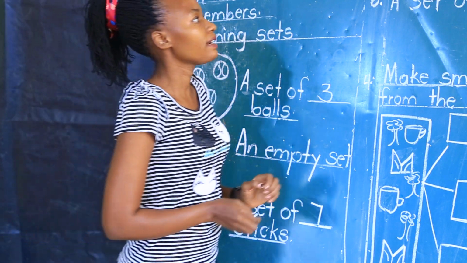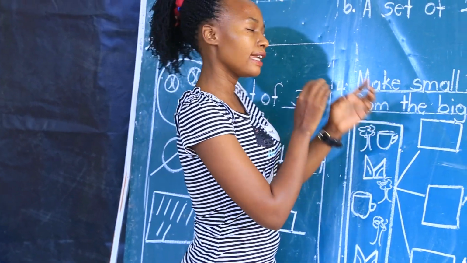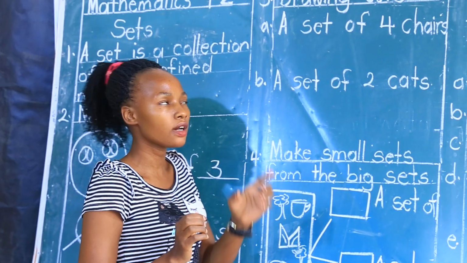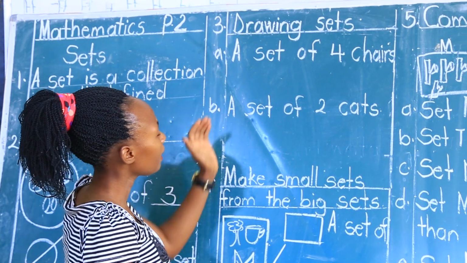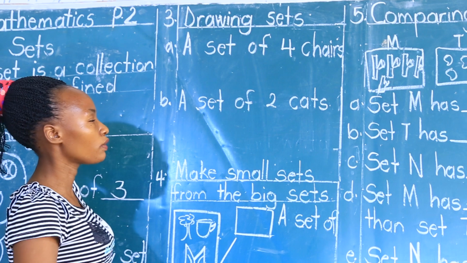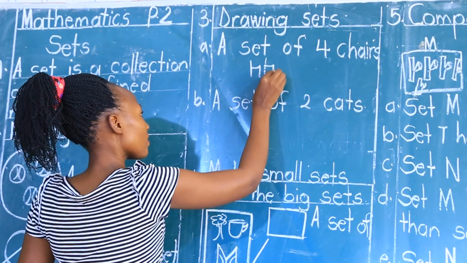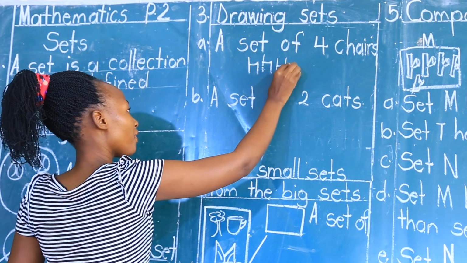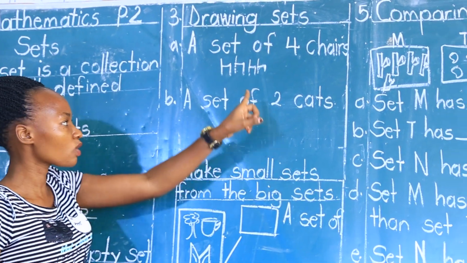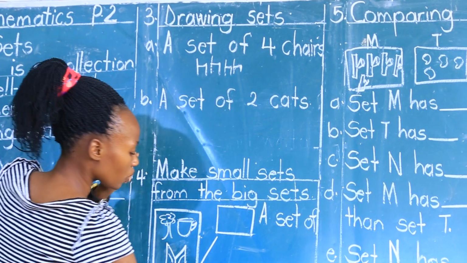But there is another subtopic where they can name the set and tell you to draw it. Like my first number, they said a set of 4 chairs. If someone draws just 4 chairs, this is not a set, and they will not mark you.